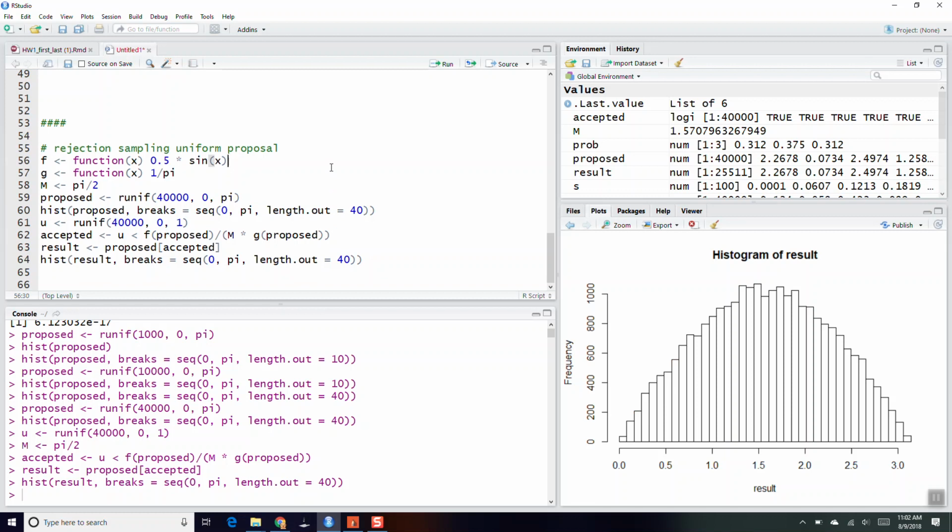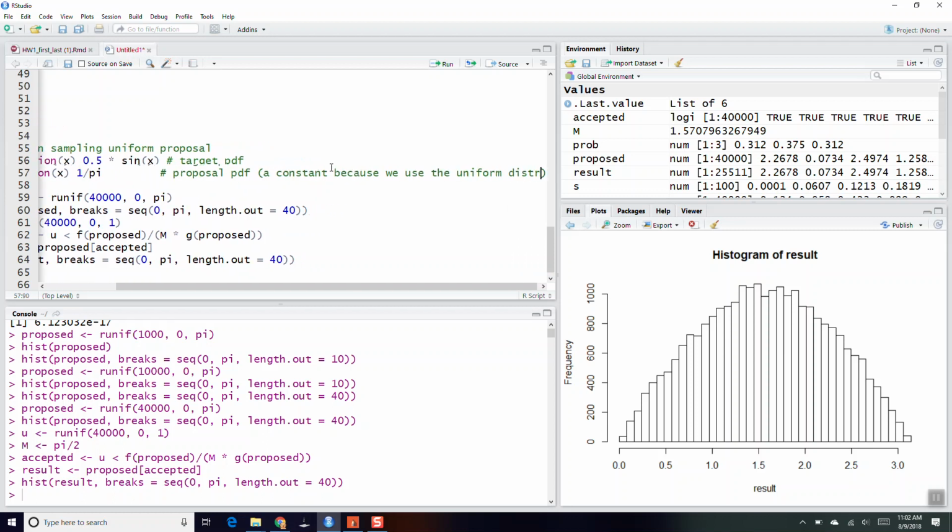So this is the target PDF. Okay, this is my proposal PDF. In this case it's a constant because we use the uniform distribution.